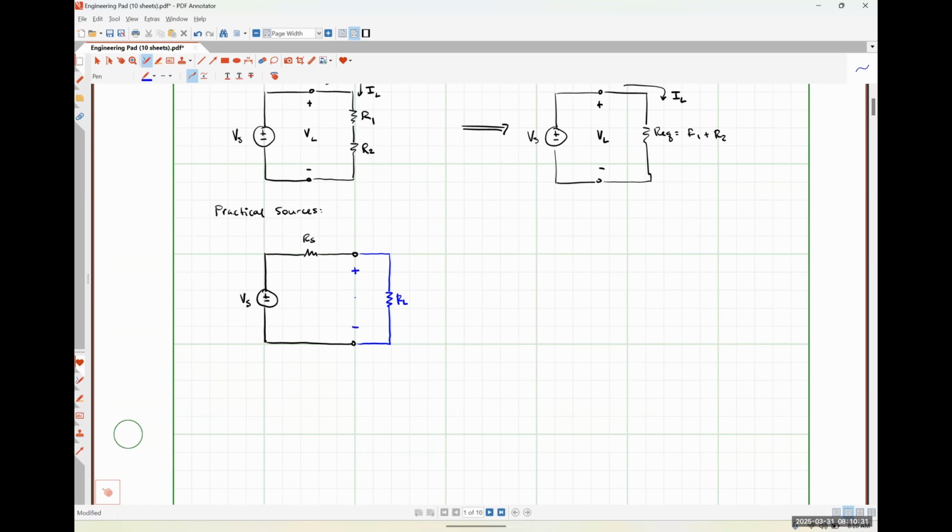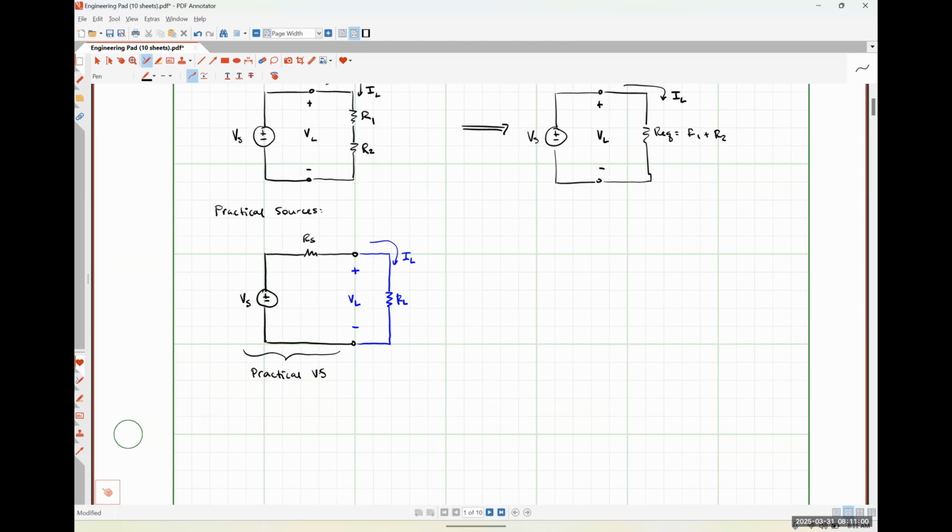And this will be our voltage drop across our load and our current flowing through our load that we are going to use to test for electrical equivalence here in a couple of minutes. Okay. So before I draw our practical current source, let me just go ahead and make a note of this thing. This will be our practical voltage source model.